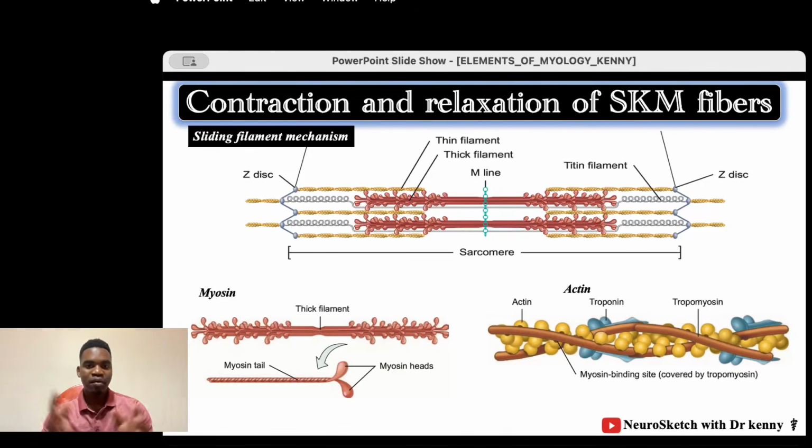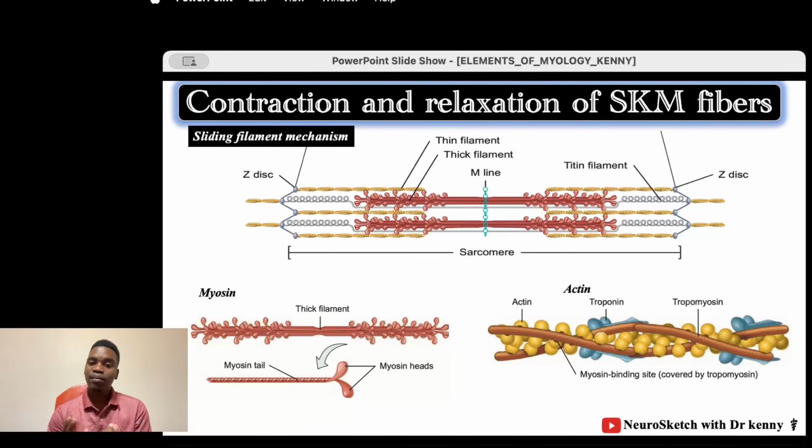So what's the function of the troponin? We have seen the tropomyosin is blocking the myosin from binding to the actin, but what's the function of the troponin? The function of troponin is to remove the tropomyosin from the myosin binding site. Am I clear? So the troponin will respond to increased levels of calcium ions.